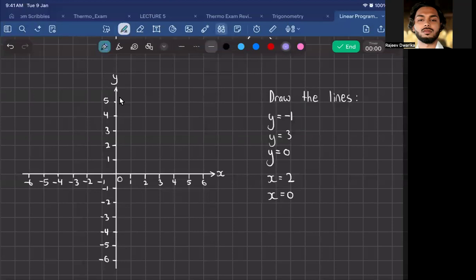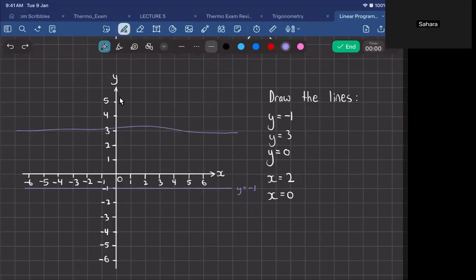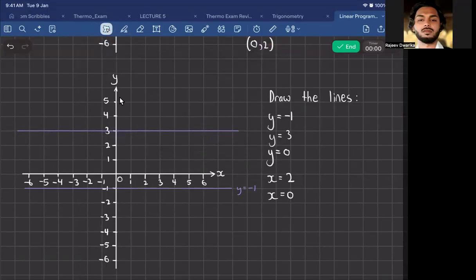So Sahara, the first line, y is equal to -1, is it going to be a vertical or a horizontal line? A horizontal. Right. It's going to be right here. Agree? Yes. Okay, what about y is equal to 3? Vertical or horizontal? Horizontal. Right. What about the other one?